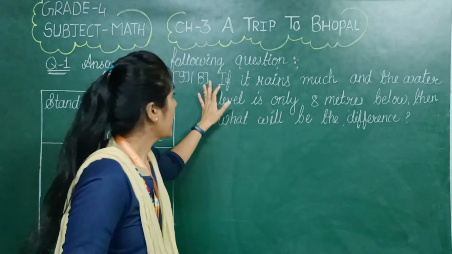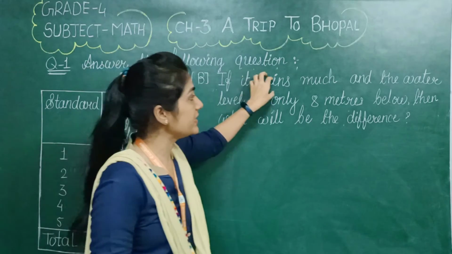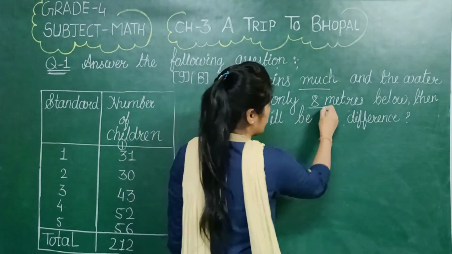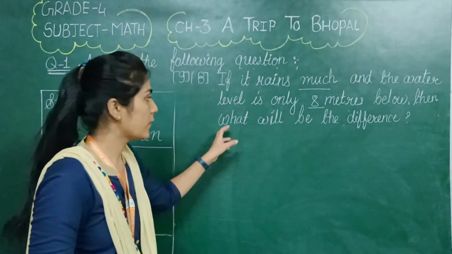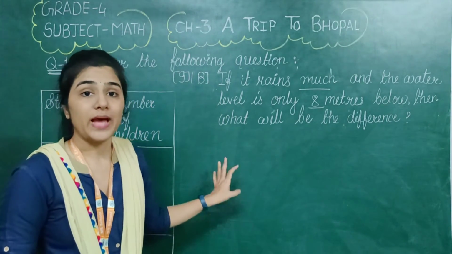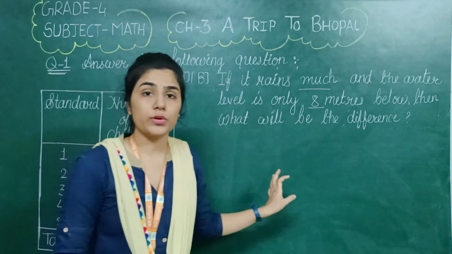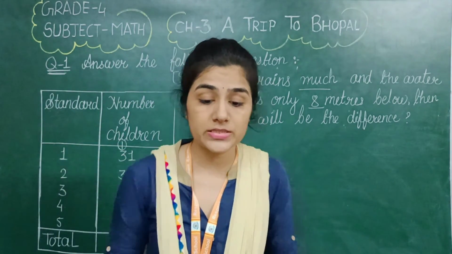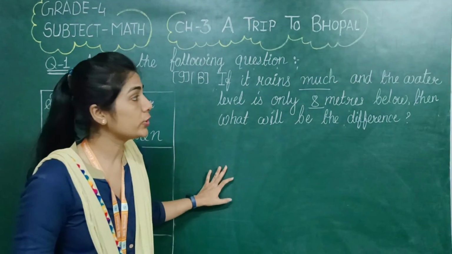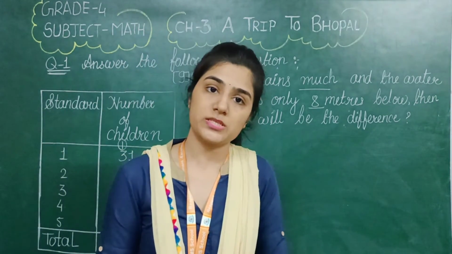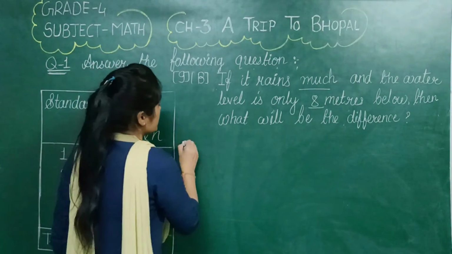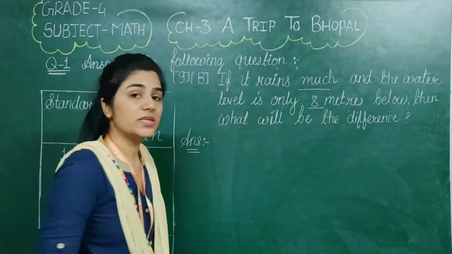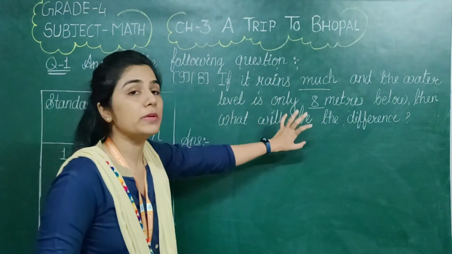Question number 9, sub-question B is: if the rains merge and the water level is only 8 meters below the bridge, what will be the difference? That we have to find. In question B this is very easy because previously we found the answer 19, right? And the total distance we had in the previous question was 36 meters. So from 36 we can subtract this 8 meters.